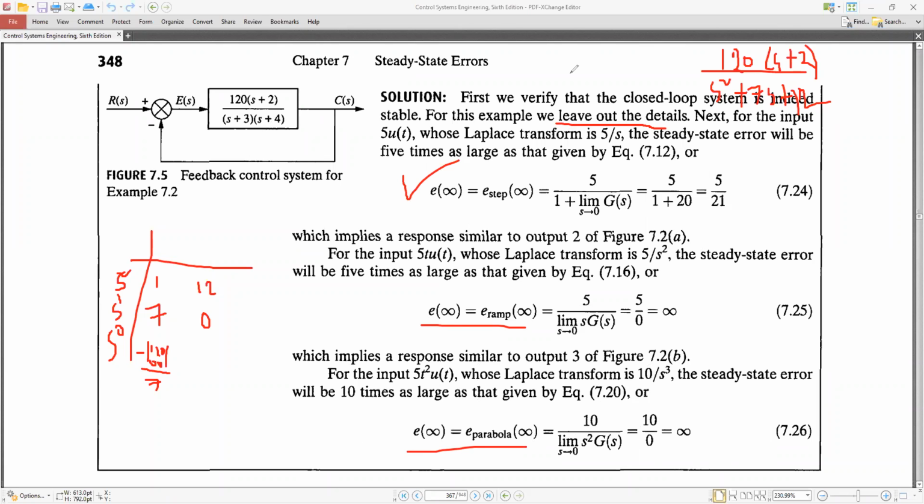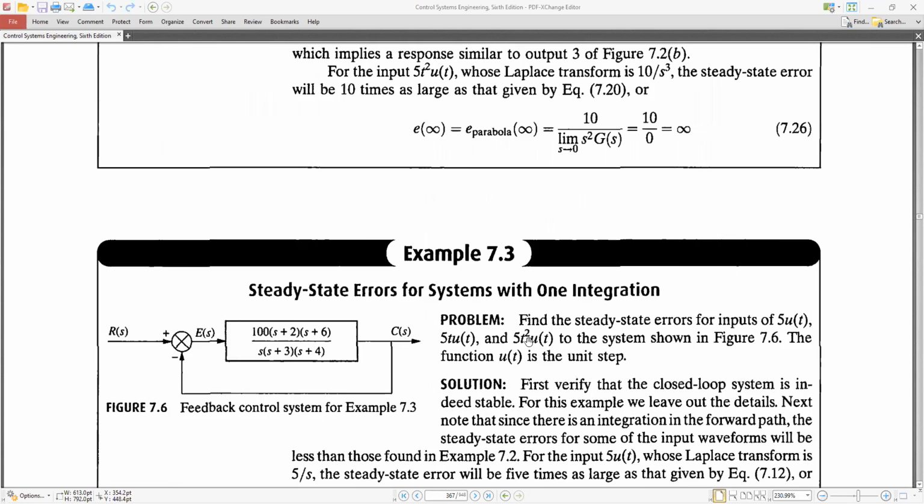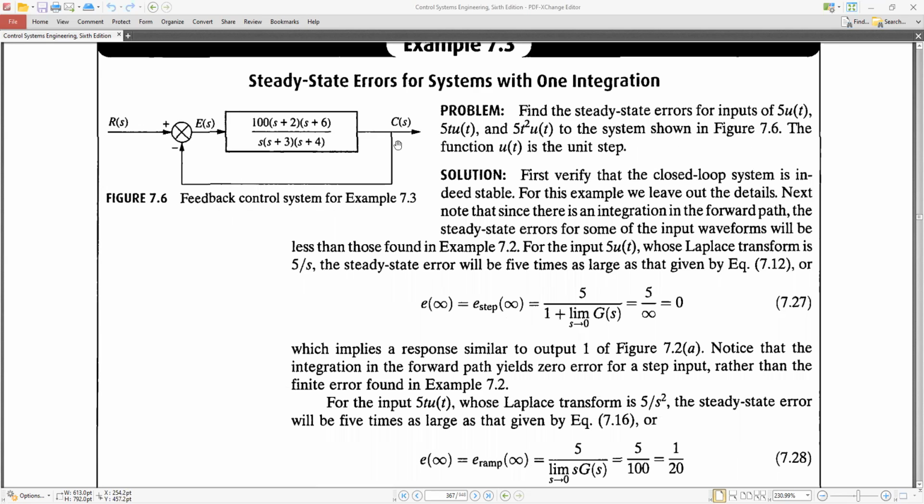That means the error is infinity, infinite error. They have given another example here. Find the steady-state errors for the inputs 5u(t), 5t u(t), and 5t square u(t) for the system shown in figure number 6. So this is another one.